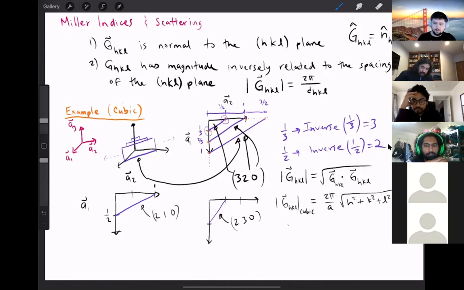Now, if I wanted to get the direction of the normal vector, let me also do the cubic one. What I need to do is get this vector divided by its magnitude, right? So I have the vector on the top.